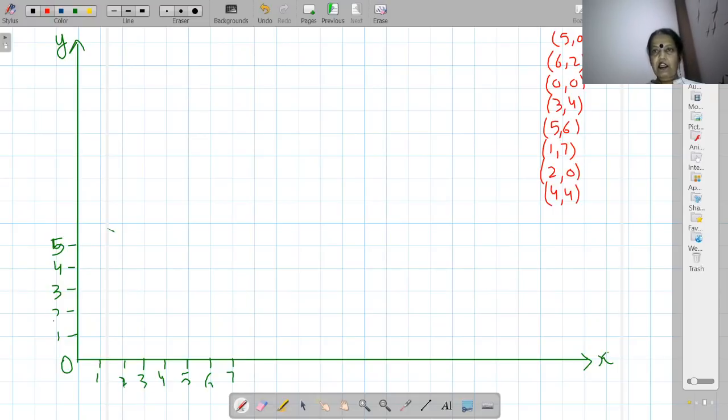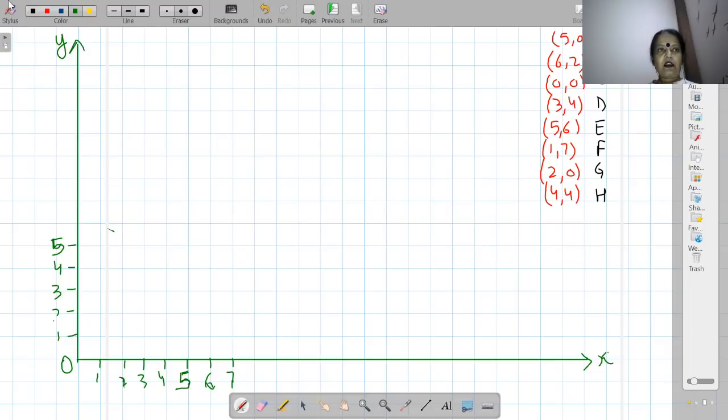As it is the first one, we will name the points A, B, C, D, E, F, G and H. So first one, 5 and 0. X value is 5 and Y value is 0. As I have told you, it will always lie on the X axis.